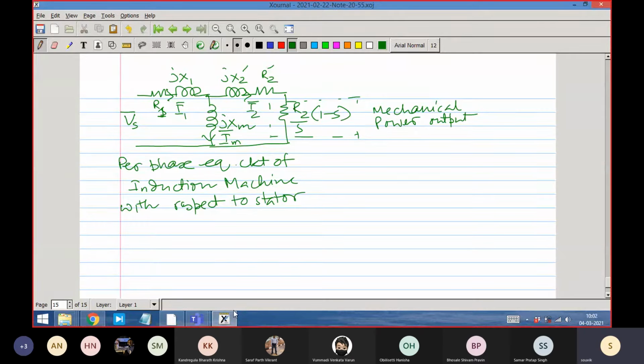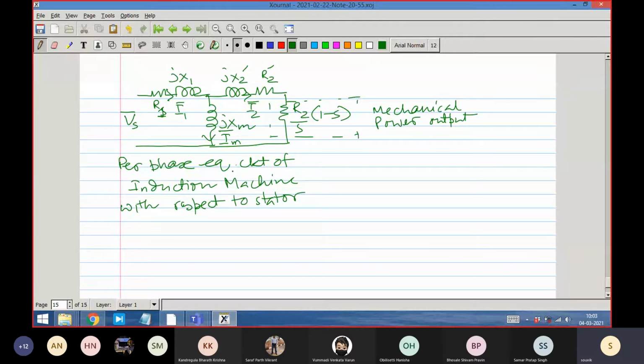However, unlike a transformer, it doesn't have any electrical output port, because a machine doesn't require one. A transformer requires an electrical output port, because electrical power is input, and after isolation the same amount of electric power in an ideal transformer should be the output. Whereas in an induction machine, the objective is to produce torque. So electrical power is input and mechanical power is output.